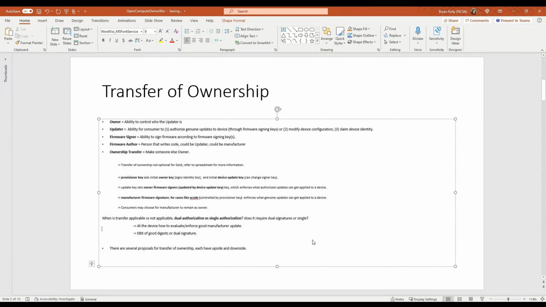That's the mechanism I'm familiar with. Yeah, that's a good mechanism. That seems really good. So we're talking about this dual signature at update time, not at boot time. Yes. Okay. And I think that's easy to implement and manage for everybody. That works for the manufacturer and it works for the system owner.